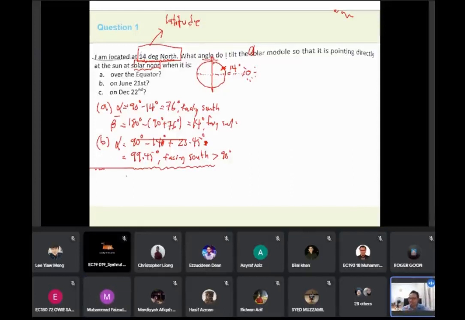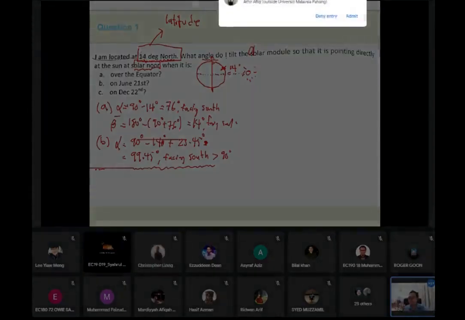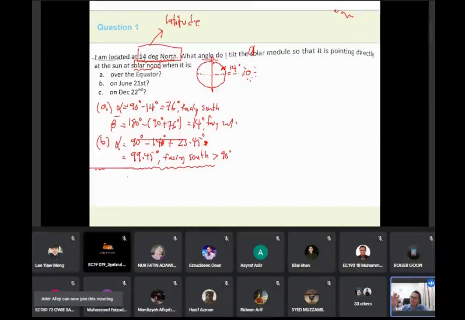The correct technical term is the change of direction of the module. Hemisphere is still there. The northern hemisphere and southern hemisphere will remain. There is a change of direction of the module from facing one direction to another direction.